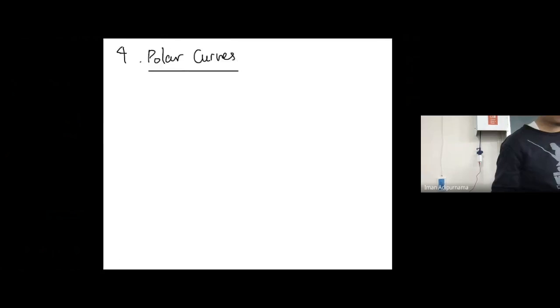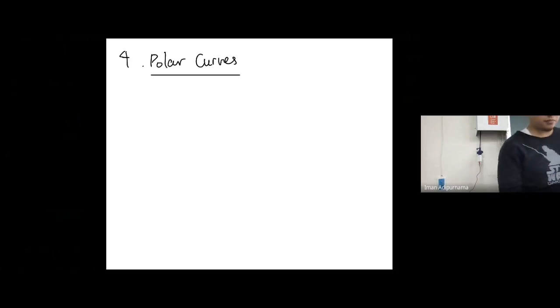Okay. Now is number 4. Number 4 is the polar curves. The r is, number A, r equals 2 sine 2 theta, and r equals 1.